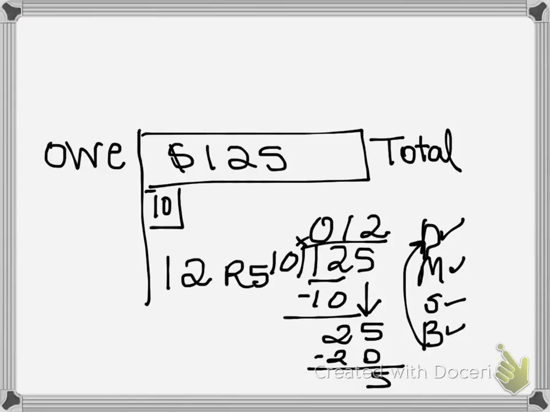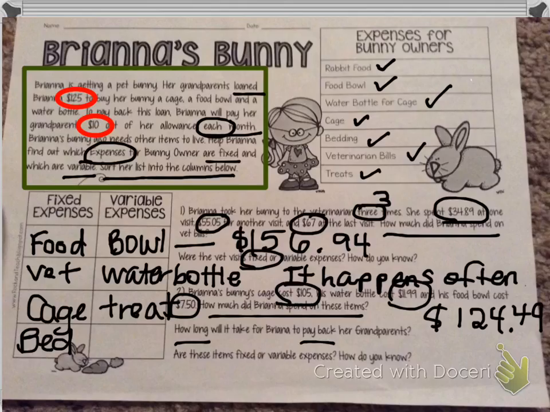Okay, so let's go back. If every month she pays, we have 12 remainder of 5. Sorry, you cannot read that very well. Let me rewrite that. 12 with a remainder of 5. So if she stops after the 12th month, is she going to pay her grandparents all the way back?